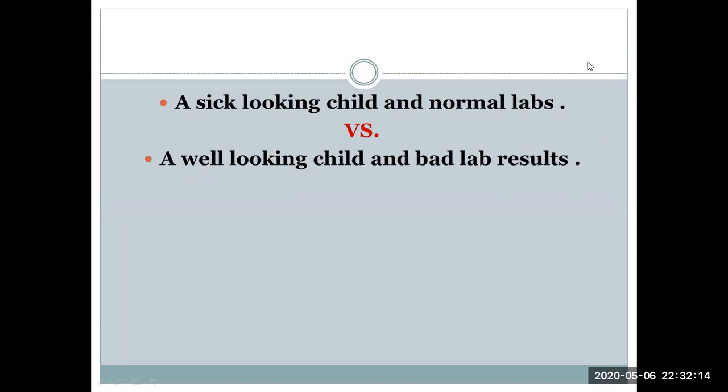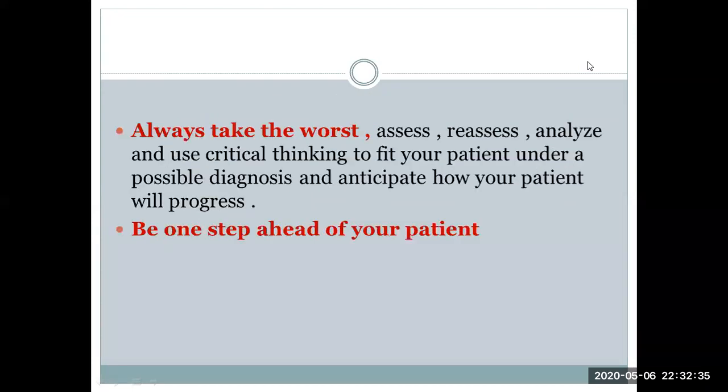If the patient is sick looking and the labs are still perfectly normal and do not match the patient, that tells you there is ongoing sepsis that has not yet appeared in the labs, but the patient is exhibiting it in their clinical presentation. So always assess and believe the worst.